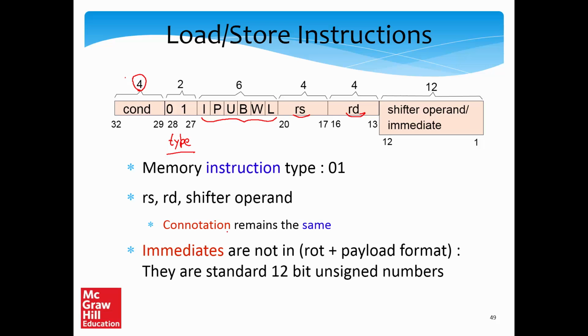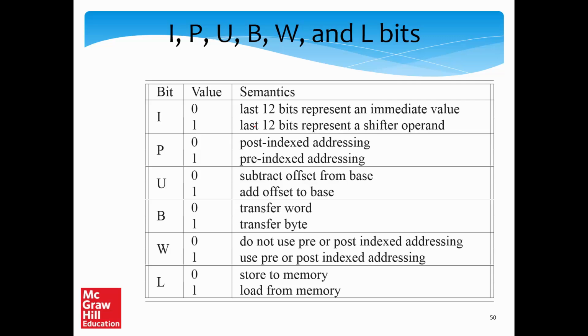So what we need to discuss now is the connotation of these fields I, P, U, B, W, L. The I bit, if it is 0, says that the last 12 bits represent an immediate value, a fixed offset from the base register. And if it is 1, it says that the last 12 bits represent a shifter operand.